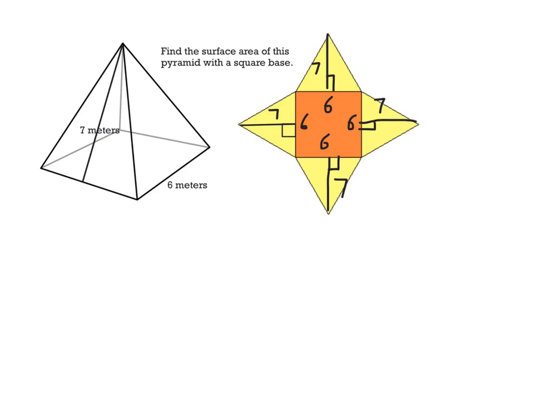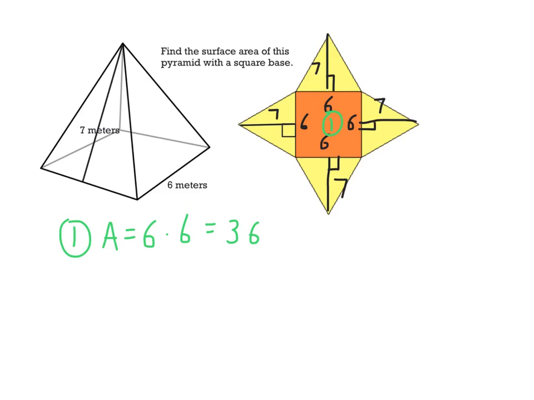When I want to find surface area, I have to find the area of each face and then add them all up. Let's start with the square right here. So I'm going to label that 1, and let's do the work. What is the area? Well, that's the area of a square. So that's going to be the side times the side.